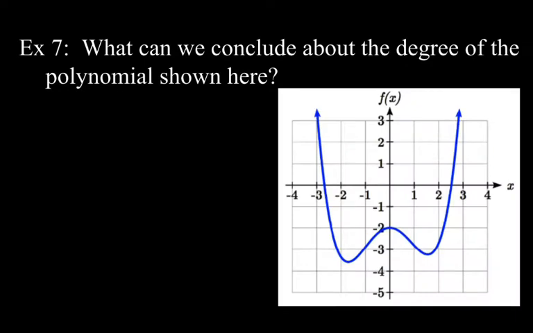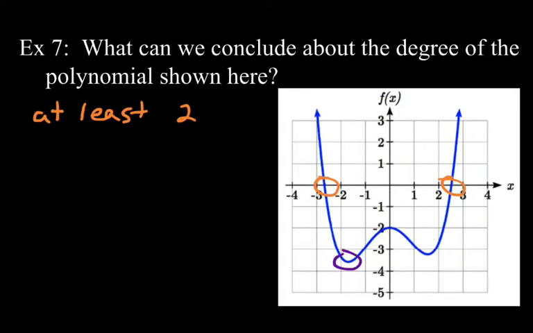Looking at this one, what can we conclude about the degree of the polynomial shown? So the first thing that I would probably always look at is how many intercepts does it have? It has 2 intercepts, so we would start out saying, okay, I know my degree has to be at least 2 because it has 2 intercepts. But then we also want to consider the turning points.